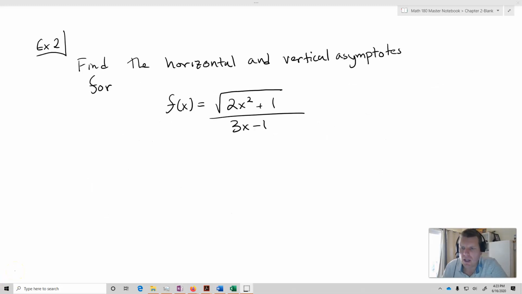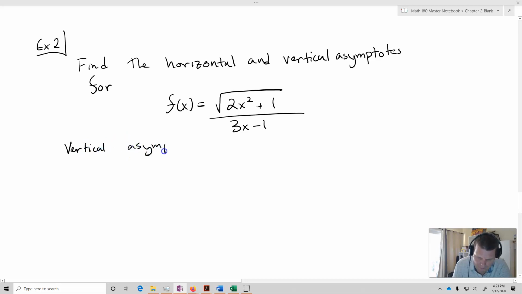So find the horizontal and vertical asymptotes for f of x equals the square root of 2x squared plus 1 over 3x minus 1. Well, the vertical asymptotes are going to be when 3x minus 1 equals 0, assuming we don't have some kind of hole.